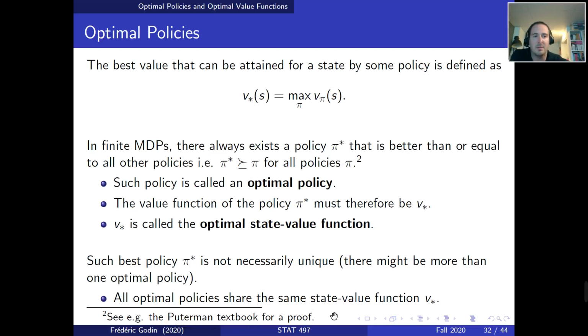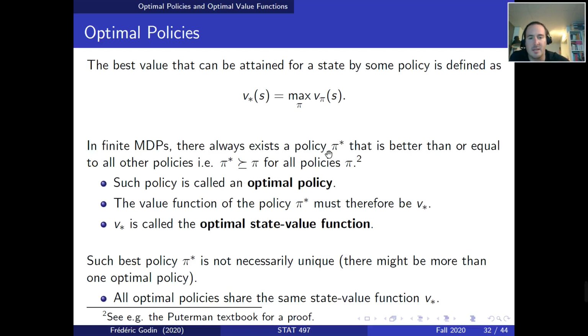It's possible to show that for a finite Markov decision problem, there always exists a policy pi star, which is better or equal, and by better or equal I mean has a higher order than all other policies pi.